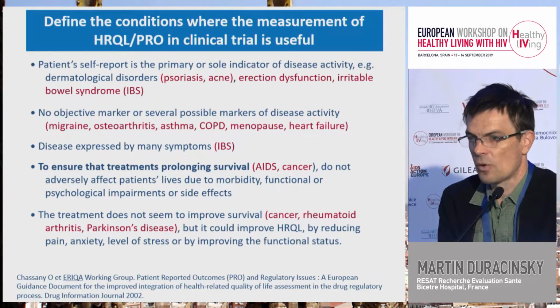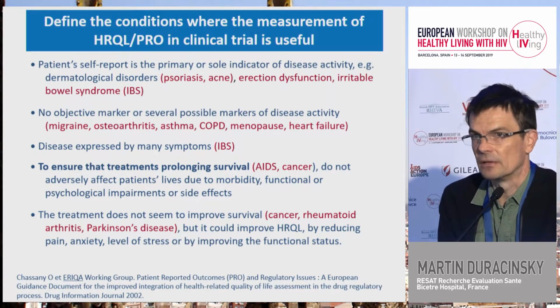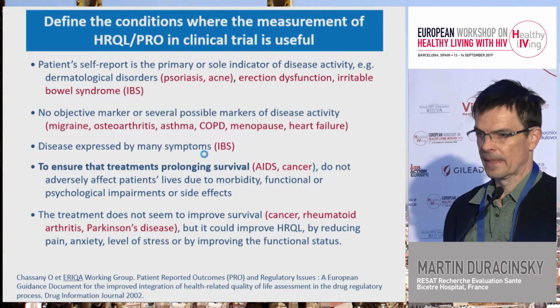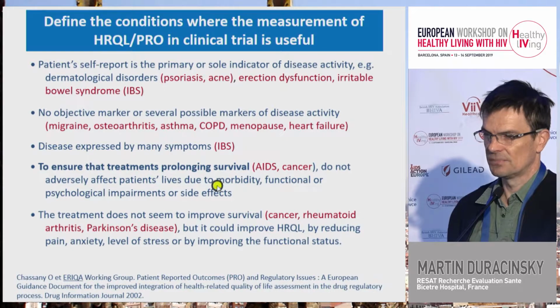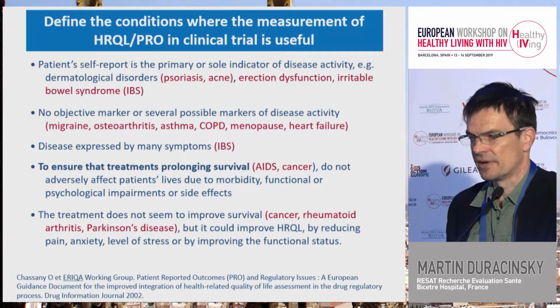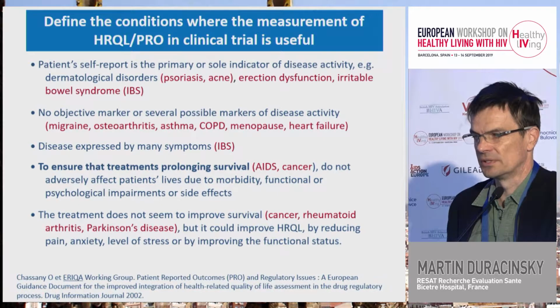Or there is no objective marker possible, migraine. You don't have another way. Or to measure that treatment prolonging survival in AIDS and cancer does not adversely affect the patient's life due to morbidity, functional, psychological impairment, or side effect.